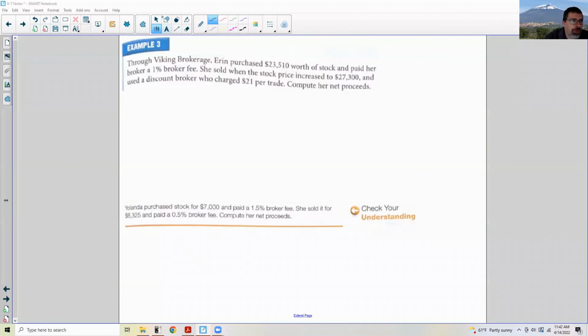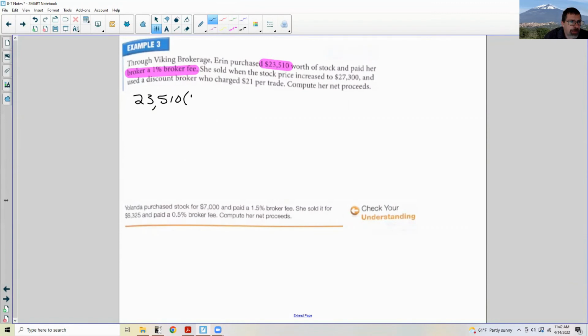Okay, example 3. Let me switch to my highlighter. And it says, through Viking brokerage, Aaron purchased $23,510 worth of stock and paid a broker fee of 1%. I'm going to stop right there. I'm going to see how much it cost her to get into this trade. So she bought $23,510 worth of stocks, 1% brokerage fee that gets added to your total.